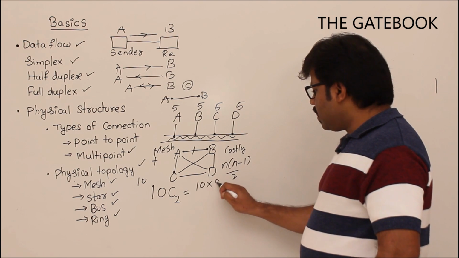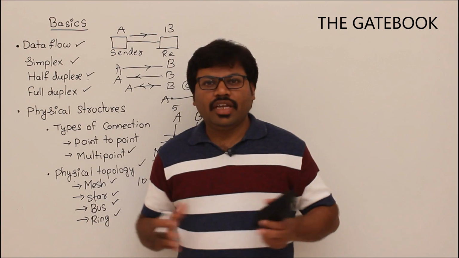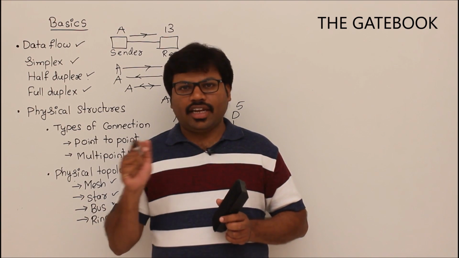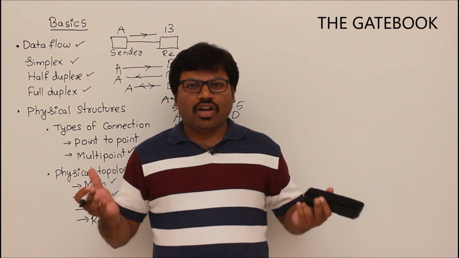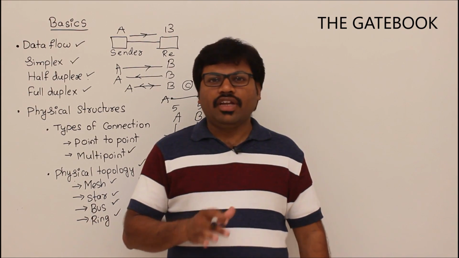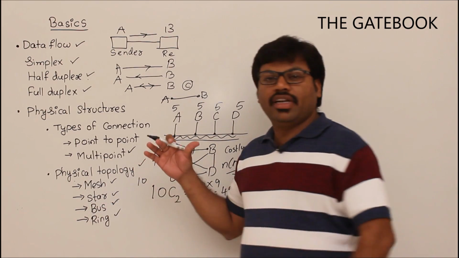Here, that's why it is 10 into 9 by 2. 45 connections are required. Imagine you have 100 systems. Then how many connections are required? 100 into 99 by 2, right? So very large number of connections. Because of that, the cost will be very high. So in colleges and universities, that's why we don't use this mesh topology. And generally we don't require that many connections too.